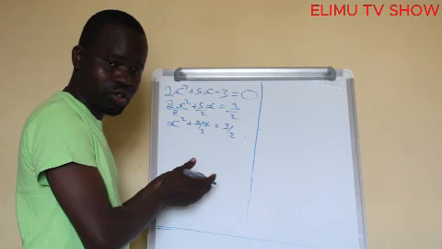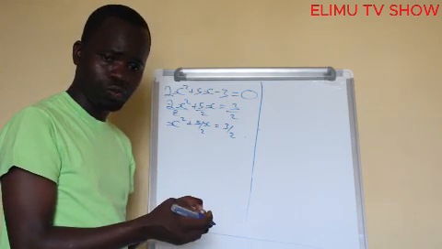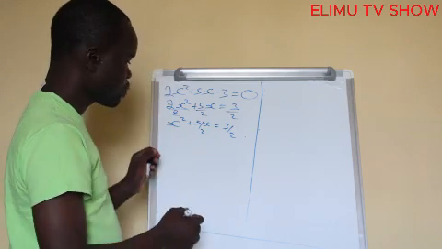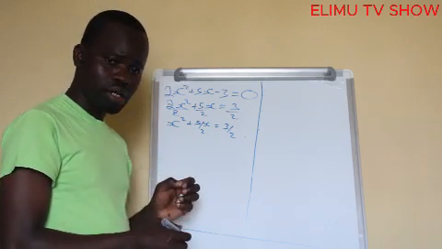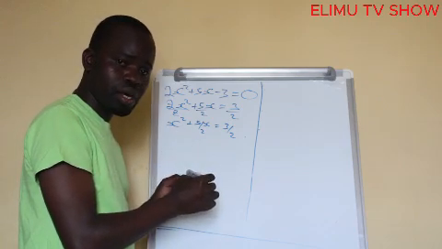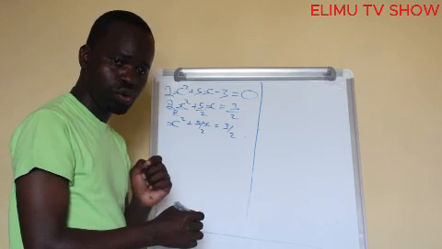Once we've done it this way, we are going to make our equation a perfect square. You have to understand that in a quadratic we have ax squared plus bx plus c is equal to 0.